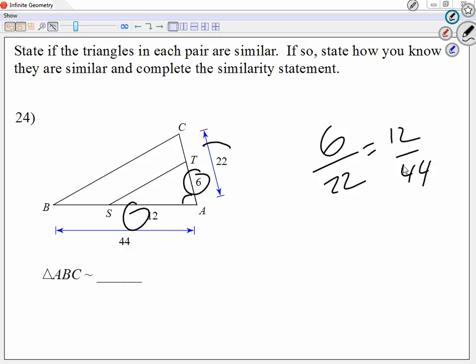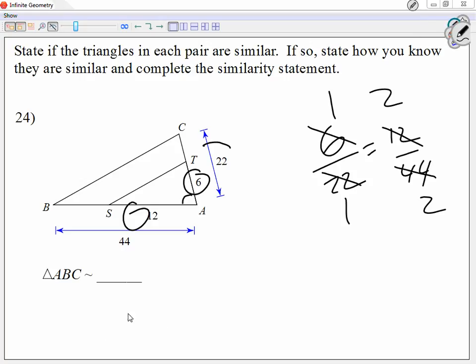I can cross multiply, but I'm going to simplify first. I can simplify top and down or sideways. I'm going to simplify sideways. 6 and 12 becomes 1 and 2. Sideways, 22 and 44 becomes 1 and 2. When you cross multiply, you can tell they're the same. So the sides are proportional.